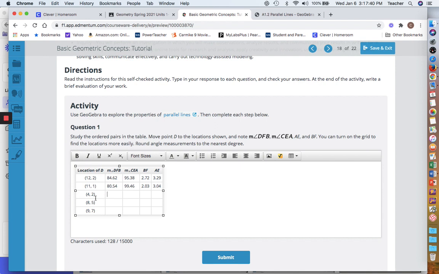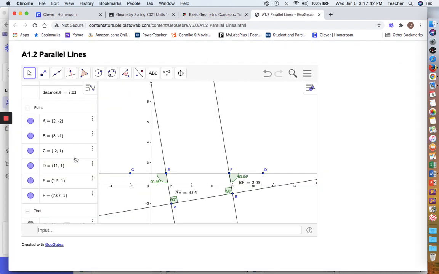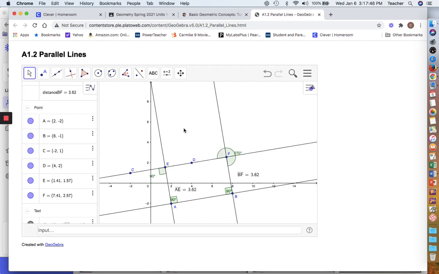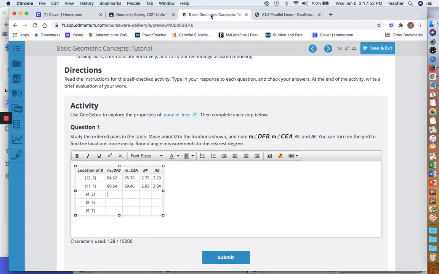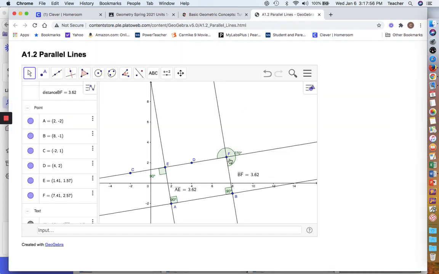Now we're going to change D to 4, 2. Come over here, change this to a 4 and a 2, and hit enter. Let's see what we got here. Again, I'm looking for angle F. I know it says 270, guys, but that's all the way around. Remember, we were looking for just this angle right here.